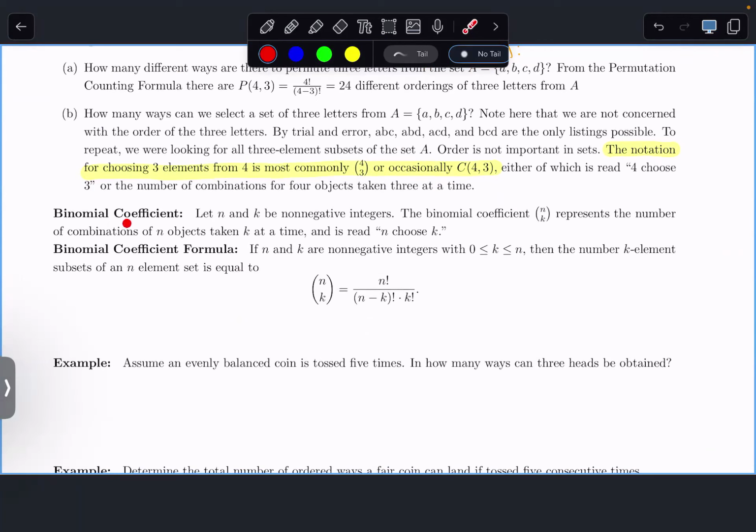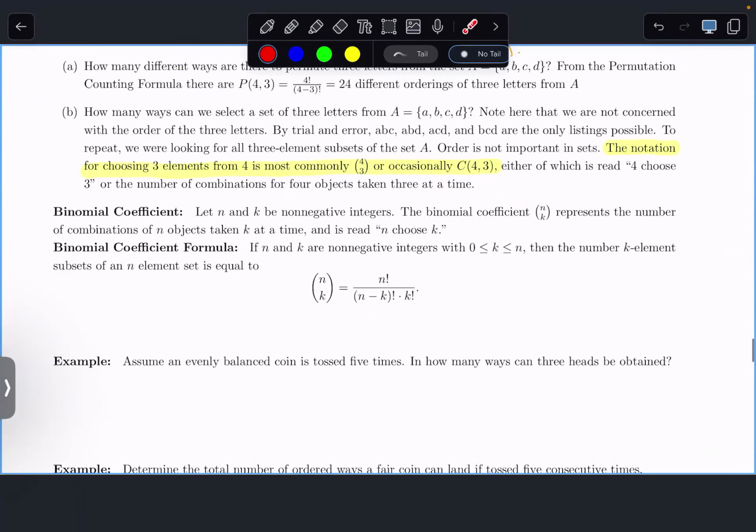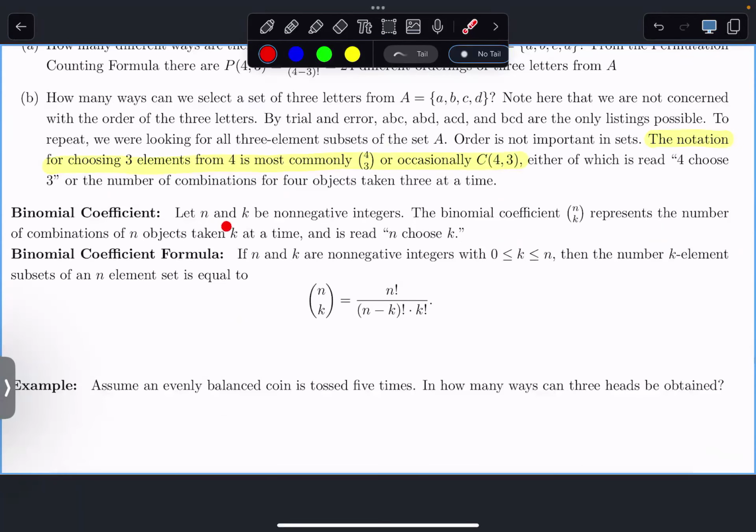This is called the binomial coefficient. So let n and k be non-negative integers, then this binomial coefficient, n choose k, represents the number of combinations of n objects taken k at a time, and is read n choose k.